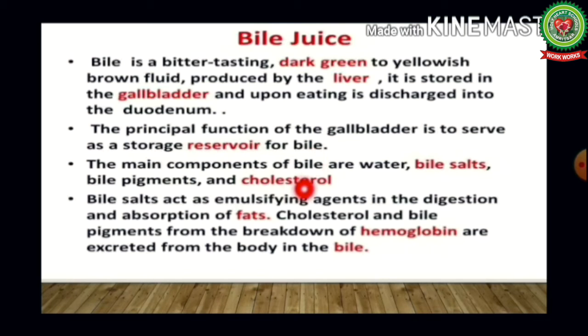The main components of bile are water, bile salts, bile pigments and cholesterol. Bile salts act as emulsifying agents in the digestion and absorption of fats. Cholesterol and bile pigments from the breakdown of hemoglobin are excreted from the body in the bile.